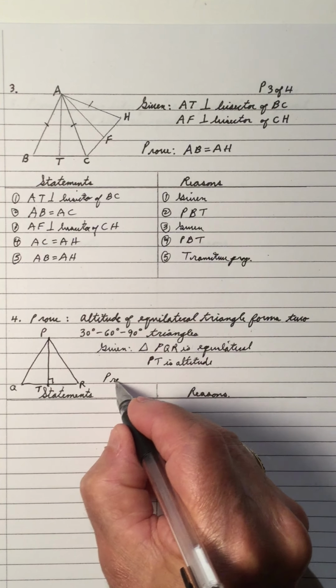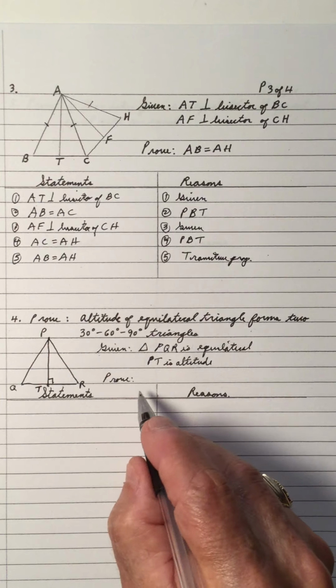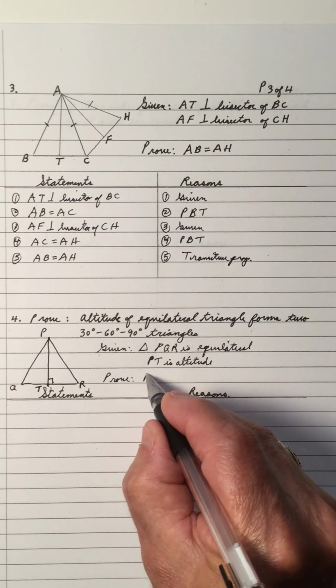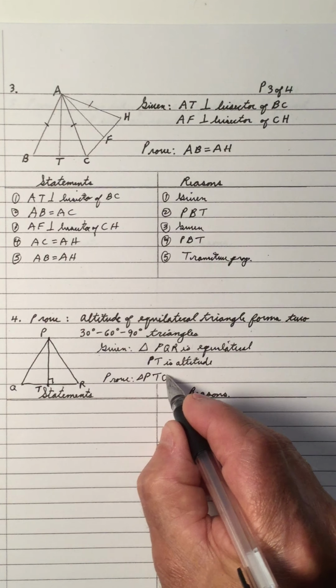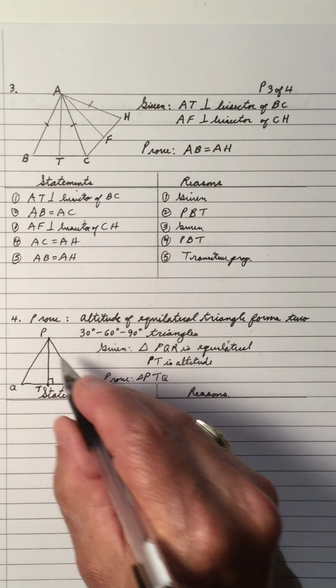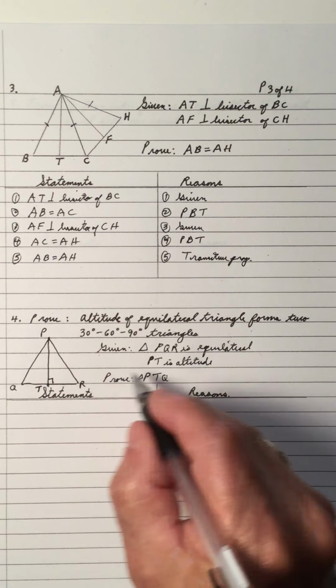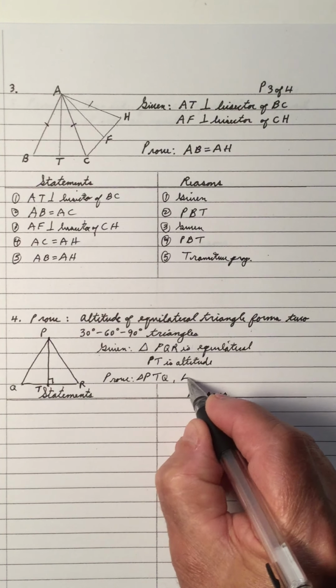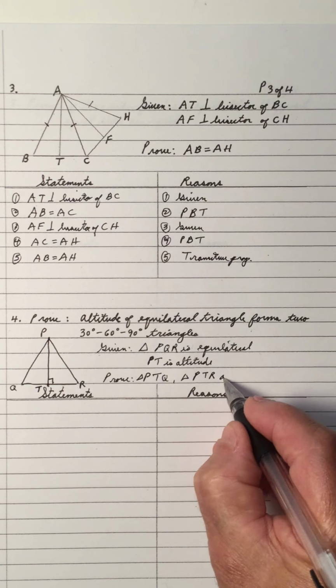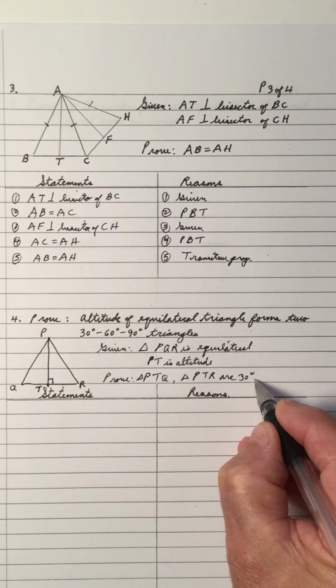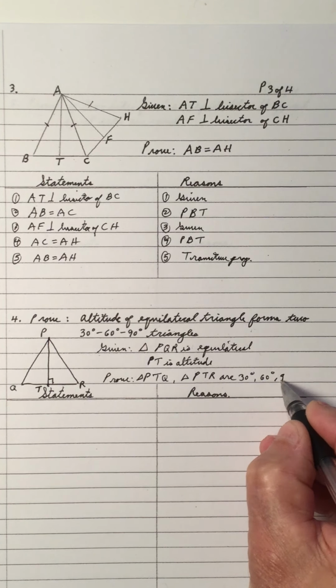And we have to prove that triangle PTQ and triangle PTR are 30, 60, 90.